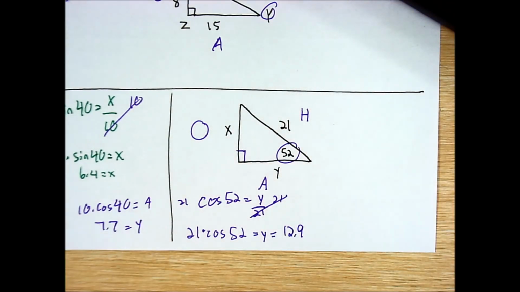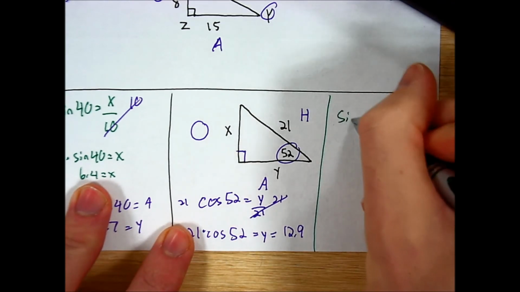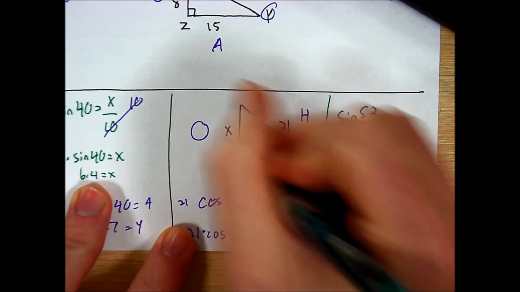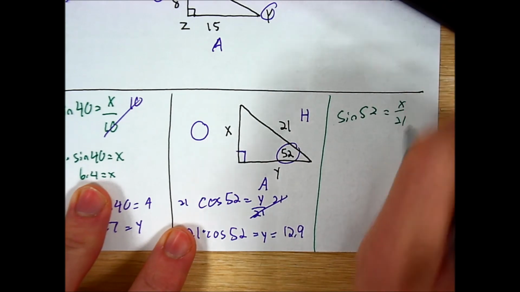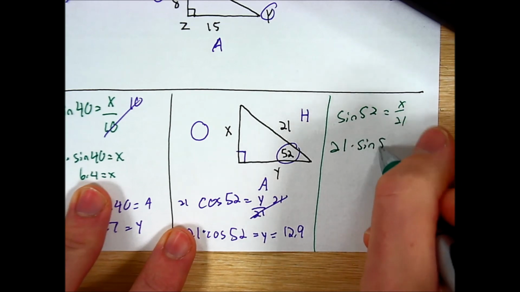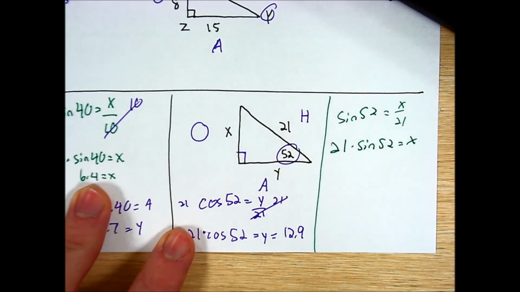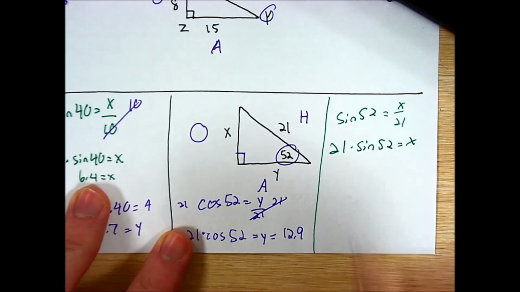And with our sine of 52, opposite over hypotenuse, x over 21. Again, we multiply both sides by 21. And that missing side there is 16.5.